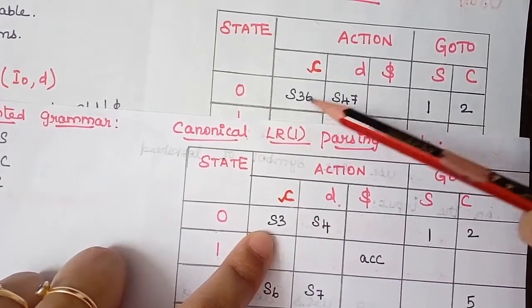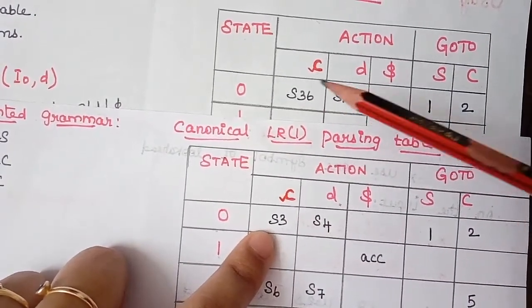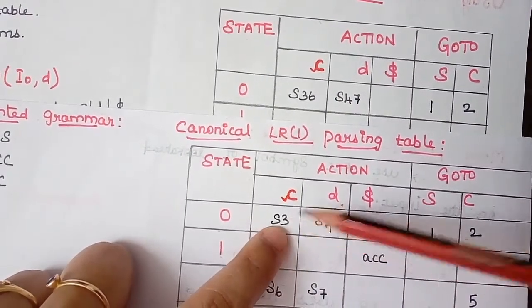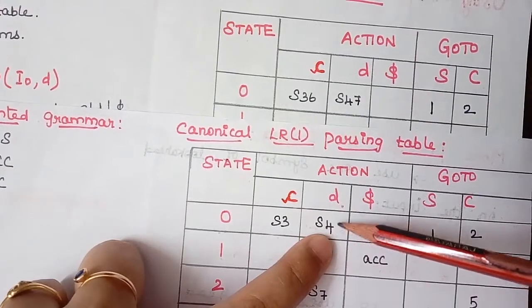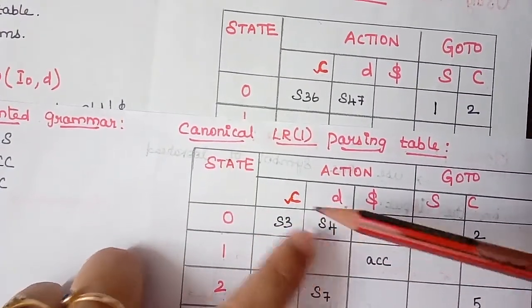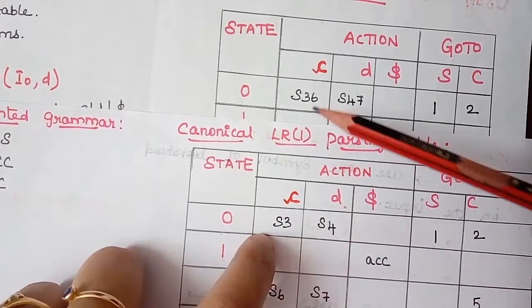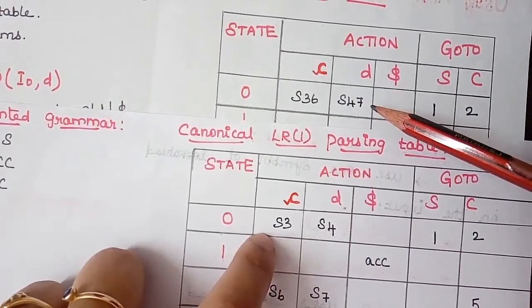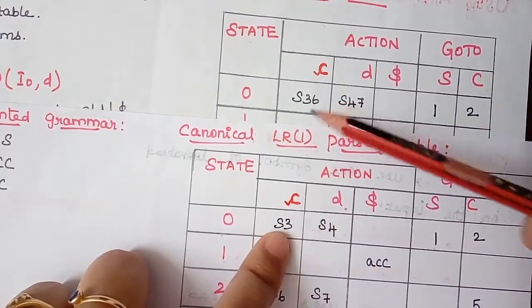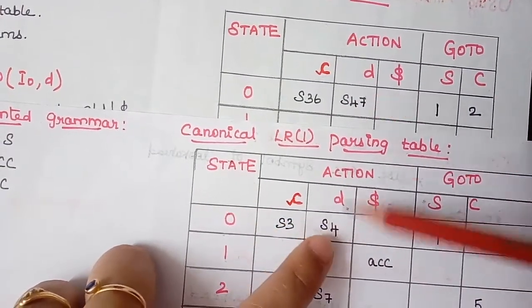Here also we take the same S3 and S4, but we have combined 3 with 6 and 4 with 7. So whenever 3 and 4 come, we need to replace them with 3 6 and 4 7. Why? Because now the new item is 3 6 instead of 3, and 4 7 instead of 4.